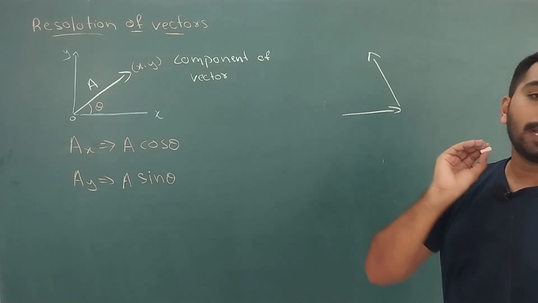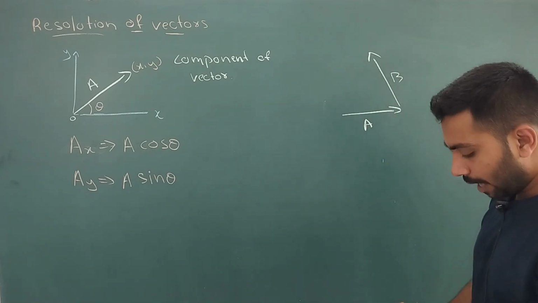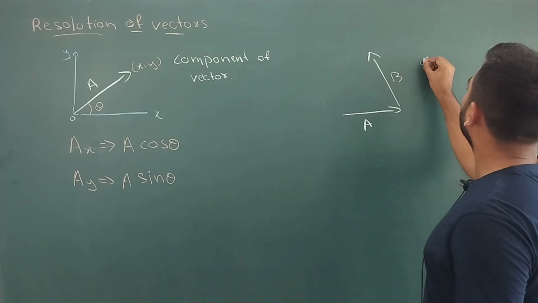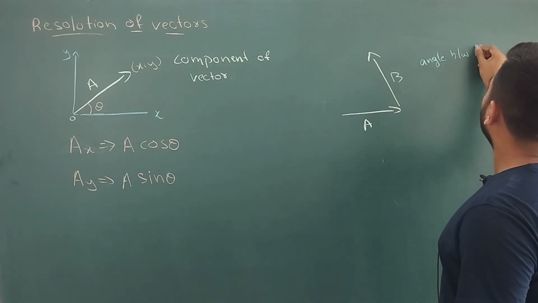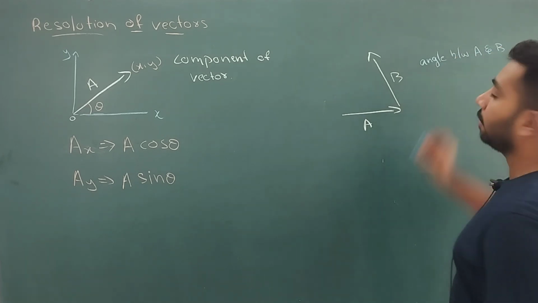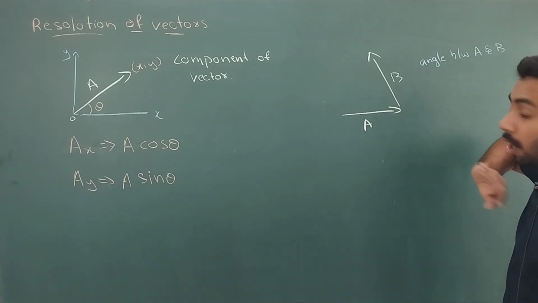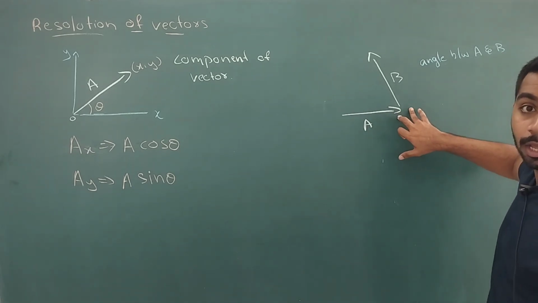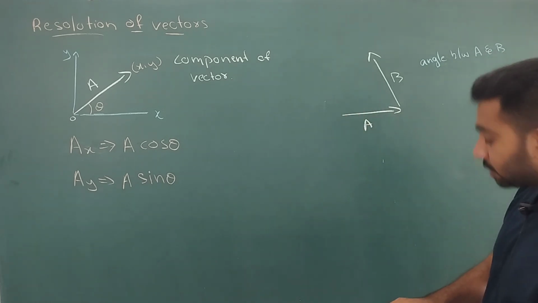If you want the angle between these two vectors, A and B, you can't take the angle between head and tail. You will take the angle only between tail and tail. Remember this.